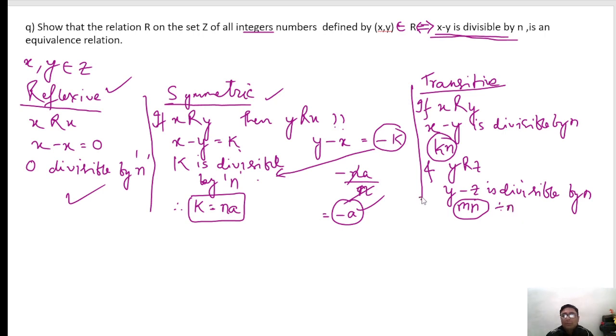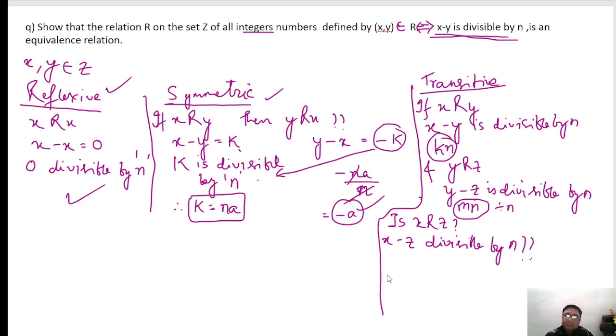Okay, now we have to check is x R z, that means is x minus z divisible by n. That is what we have to check. So let's see.